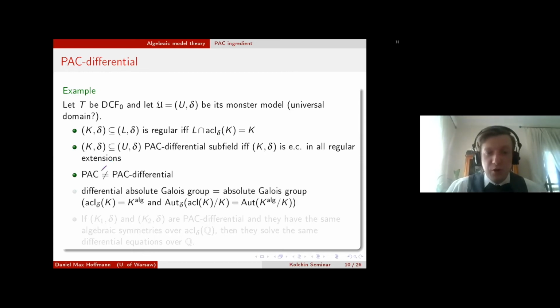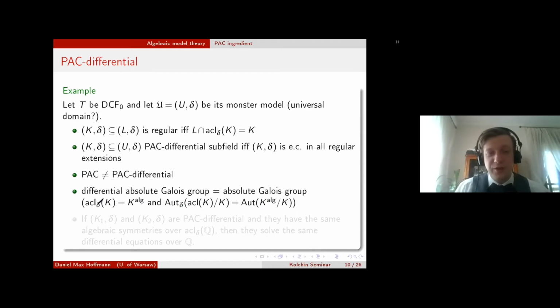And we know for general reasons that the differential absolute Galois group, so the automorphisms which preserve the differential structure, is the same as the automorphisms which potentially don't preserve it.